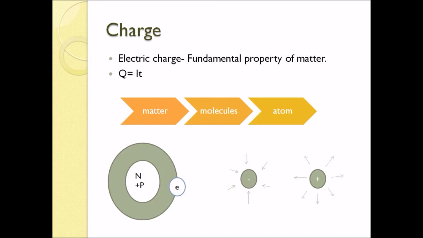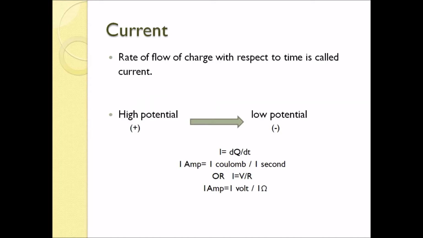electricity. So we can define the electric current as the rate of flow of charges with respect to time. Or in other words, the flow of charges in a closed path, because the flow of charges is possible when the charges have a complete path.